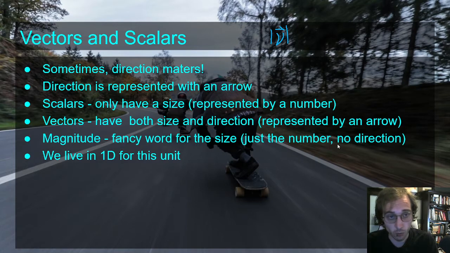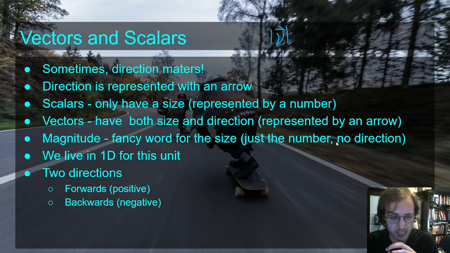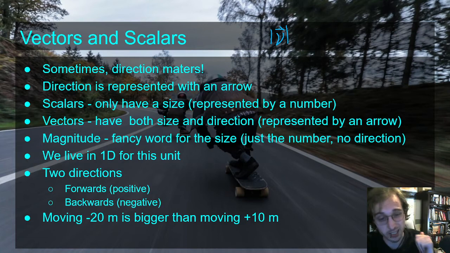We're really only living in 1D for this unit, which means that forward is positive, backwards is negative. You don't have to make that be the case, but for most of what we're doing, that's going to be the case. Because moving 20 meters backwards is a greater distance moved than 10 meters forwards, it's really relevant that you don't think of negative as small.